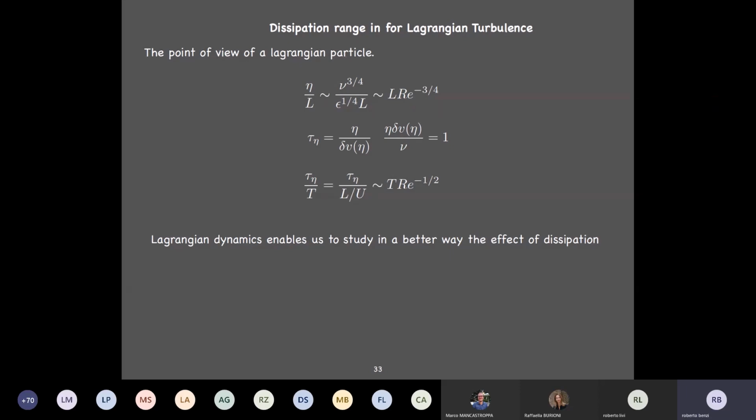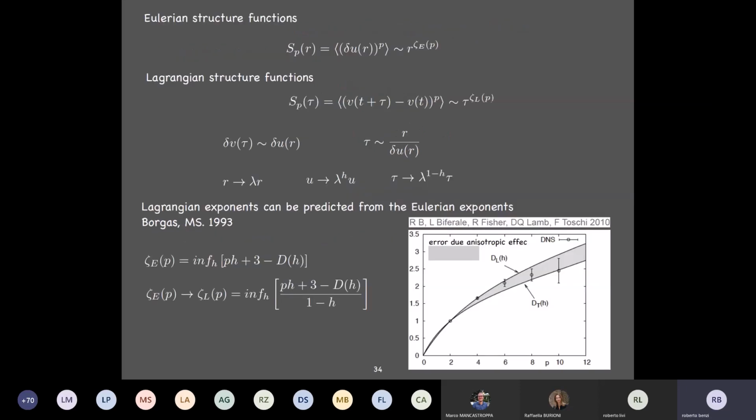This is in fact what can be predicted by the following argument. You take what we know on turbulence, at least experimentally and almost theoretically, in the scaling range. And now you look at the scaling property of turbulence between two Lagrangian particles.